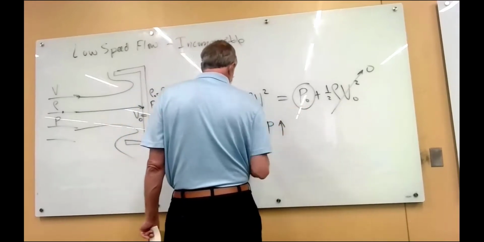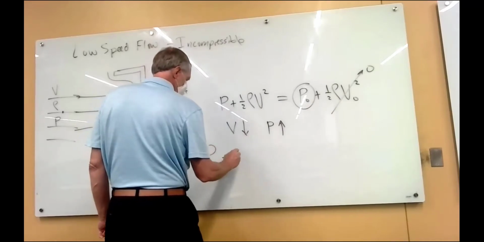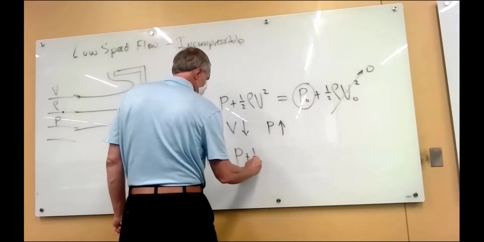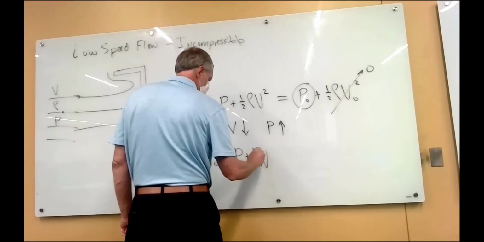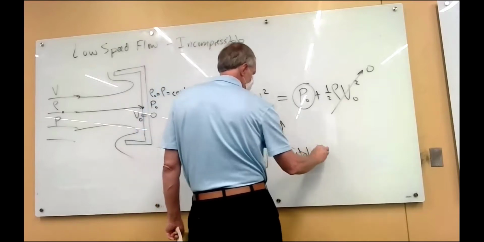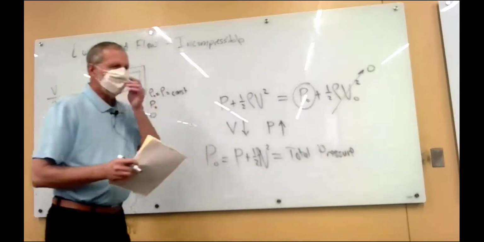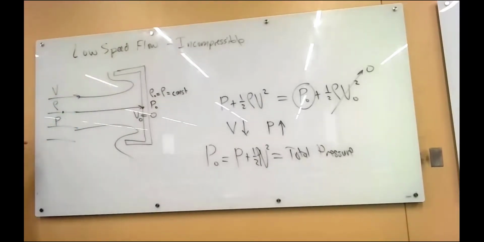And so we're going to call this pressure when we slowed the flow all the way down to 0, which we can calculate, the total pressure. And the only way you can measure that pressure is if you take the flow and slow it down to 0.